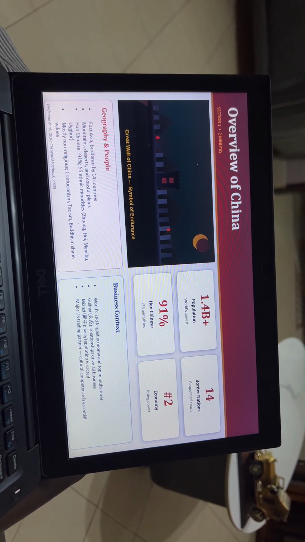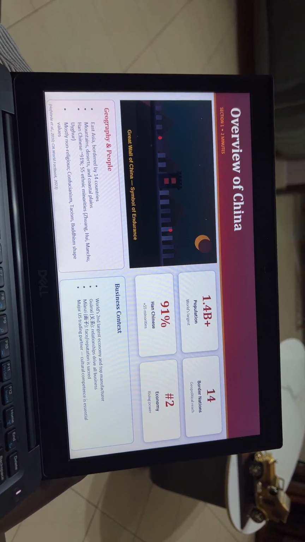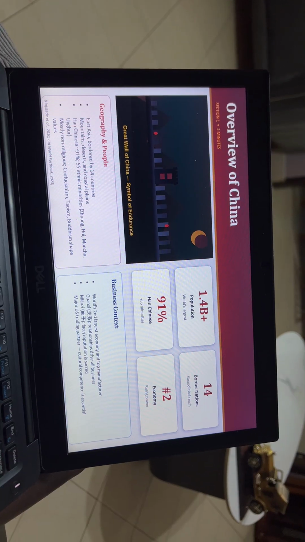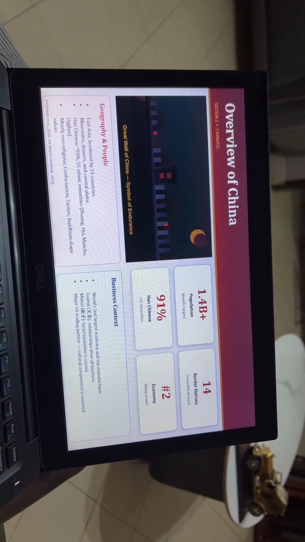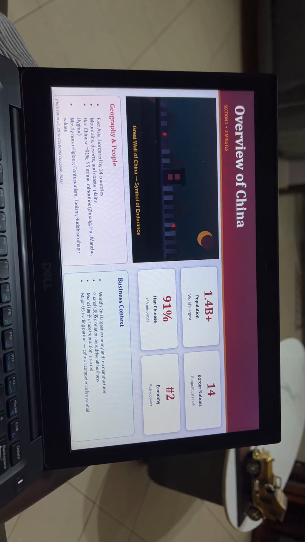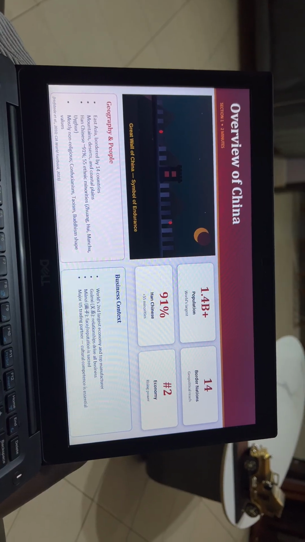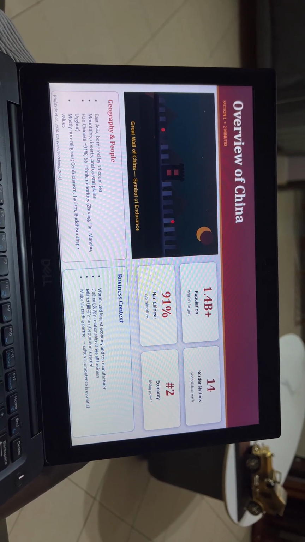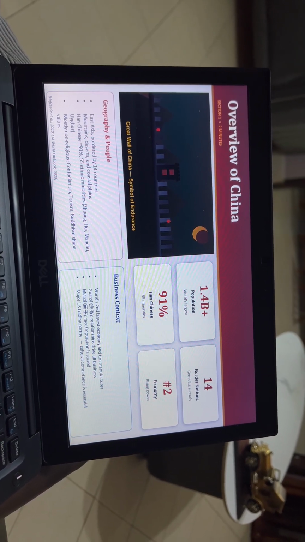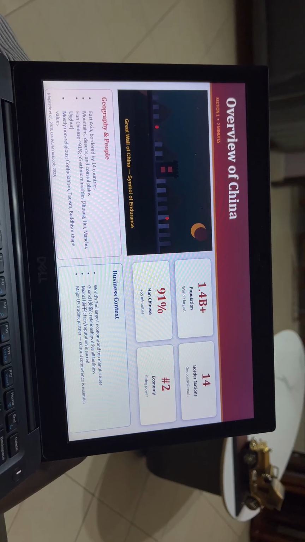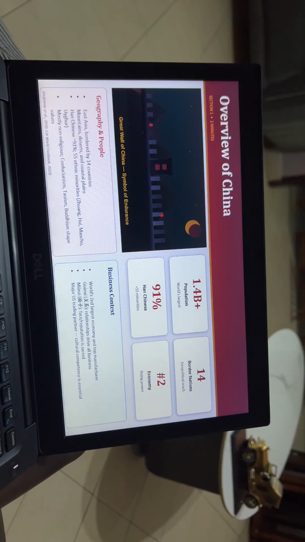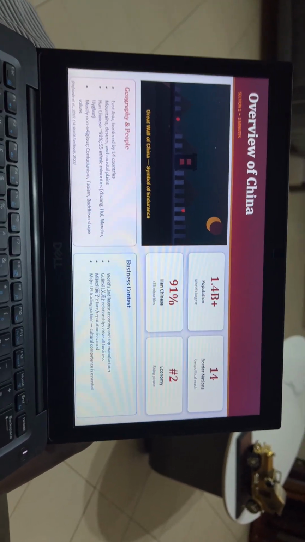Then the business context, China is a major US trading partner. China is one of the top manufacturers in the world.